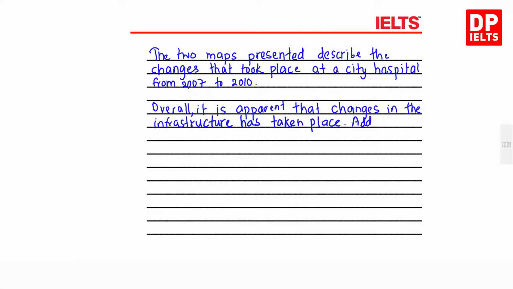Additional public parking, construction of a nearby bus stand or bus station and new roundabouts are visible.